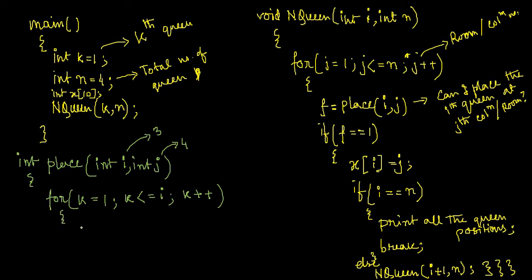So now, within this for loop, I have to put some criteria. That criteria will represent the collision between the ith queen in j column with the kth queen in some column of the kth queen. So what will be the criteria?